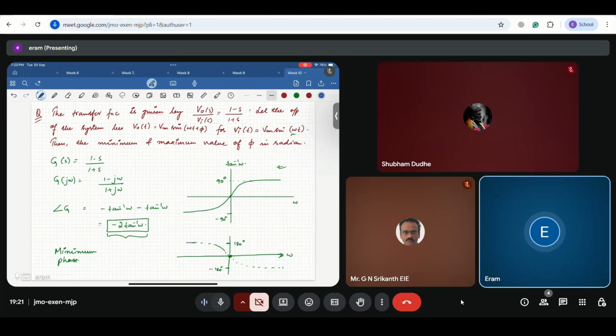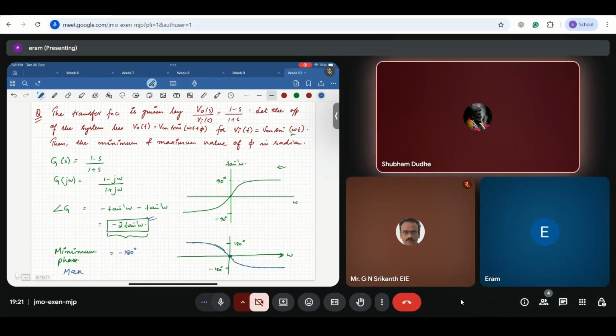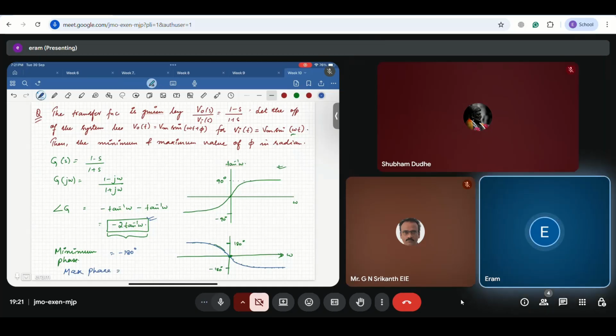So this is your plot of this function. What is the minimum value? Minus 180. And what is the maximum value? Remember that, you may make a mistake. You are varying omega from 0 to infinity, not from minus infinity to infinity.